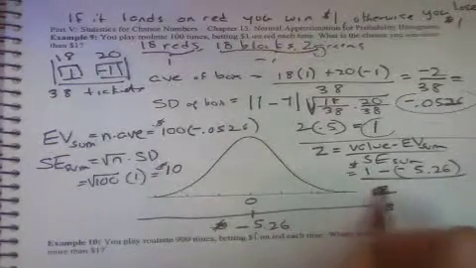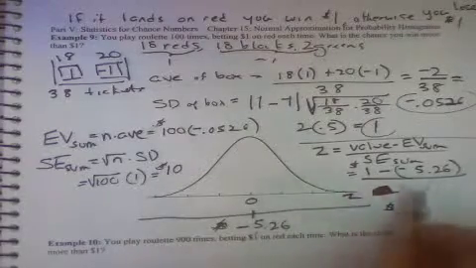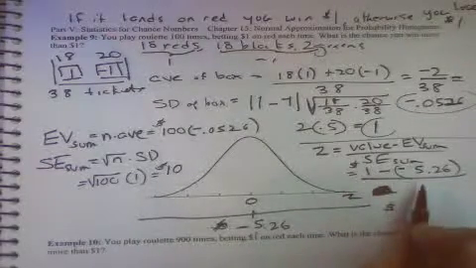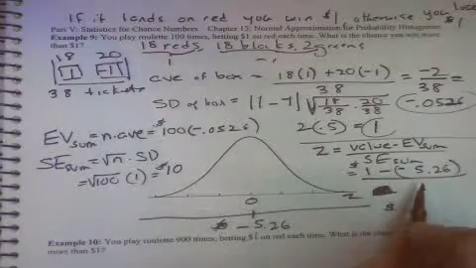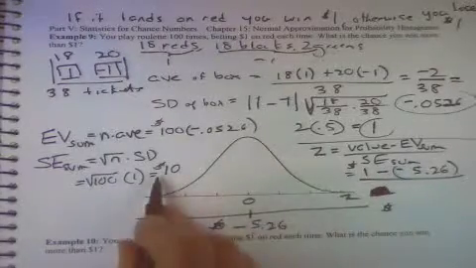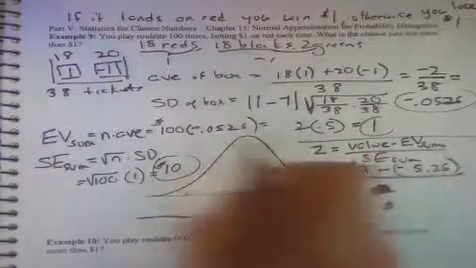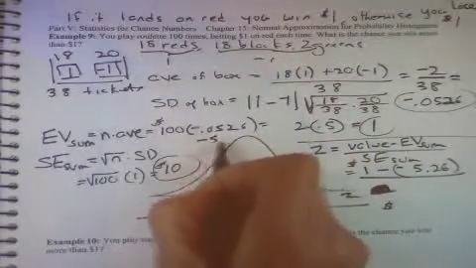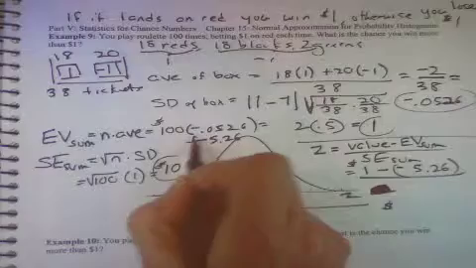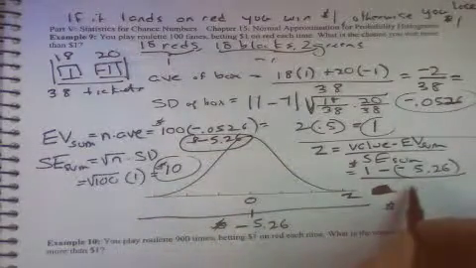I'm going to get rid of this so it doesn't confuse you. It's a z-score down there. Divided by the standard error for the sum, which is right here. This is the expected value, negative $5.26. All right, divided by $10.